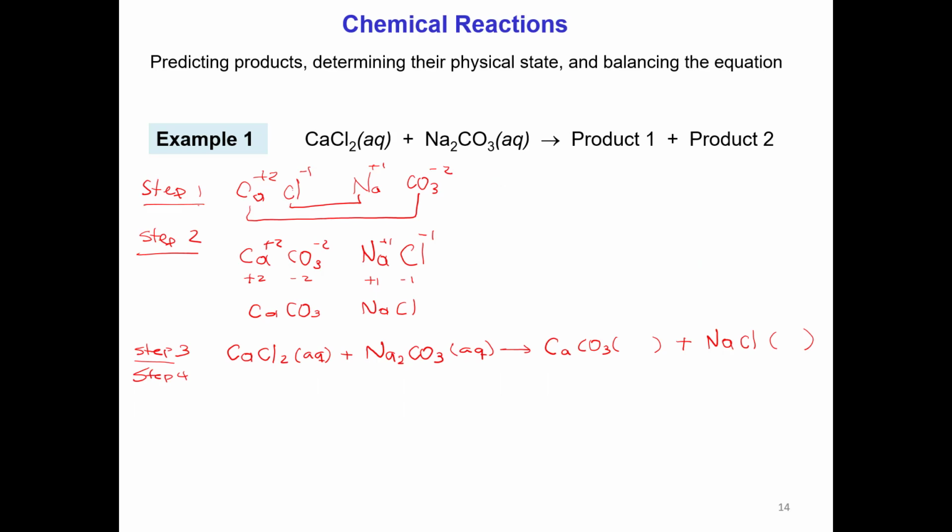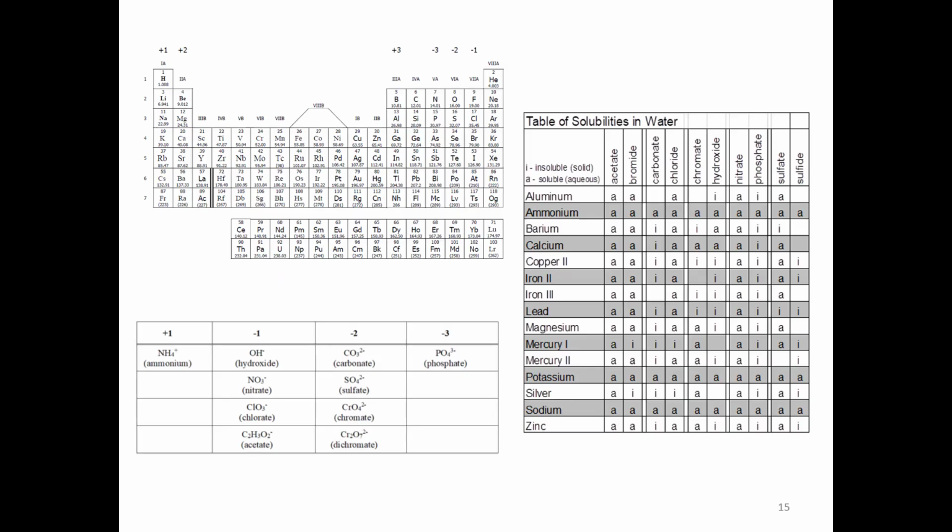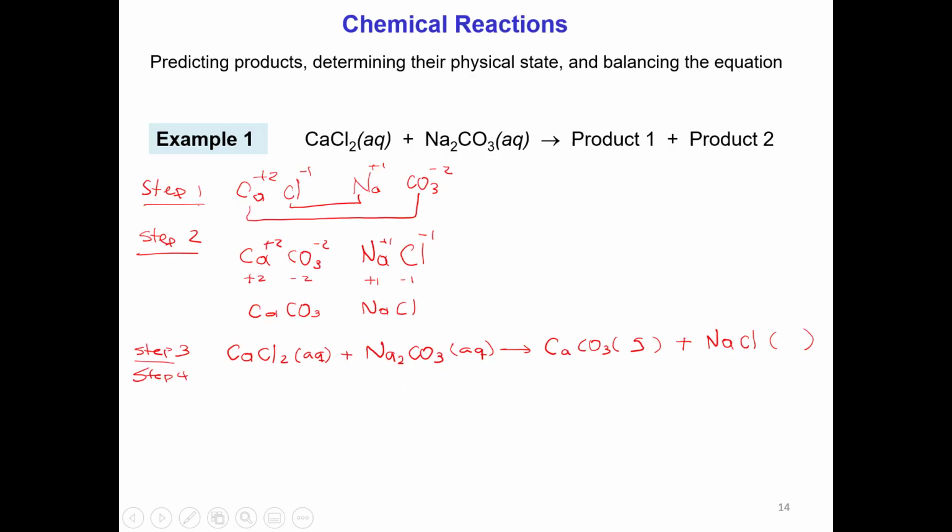And sodium chloride: it is A, which means it is AQ. Yes, it's here. Then we do one right here, AQ. We're done with step 3.